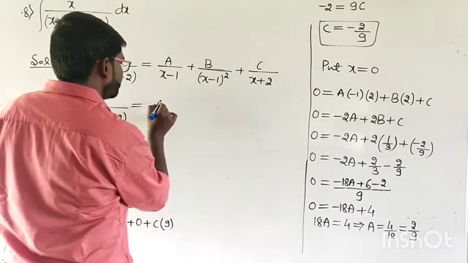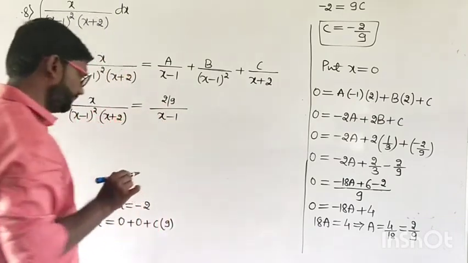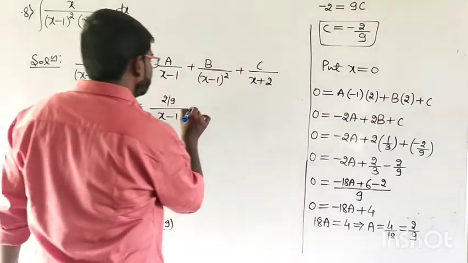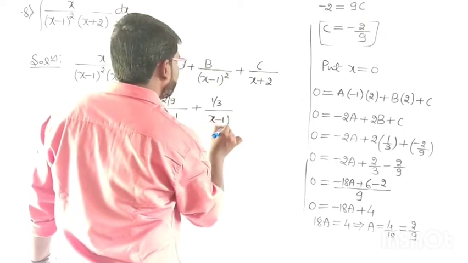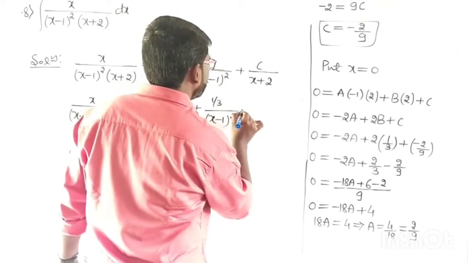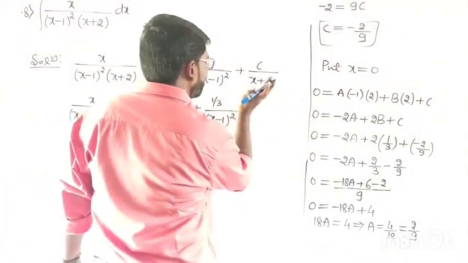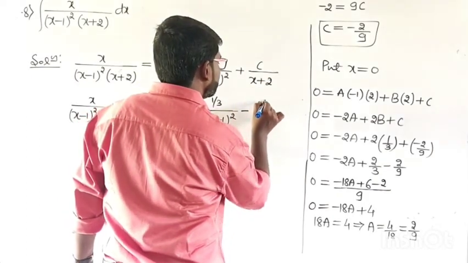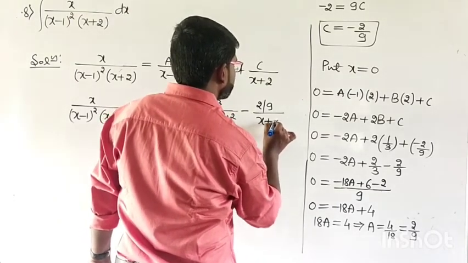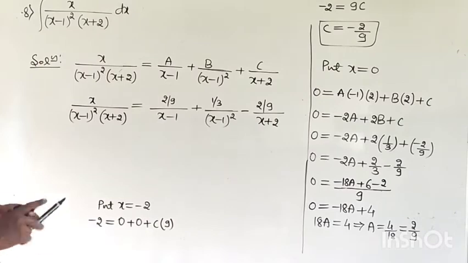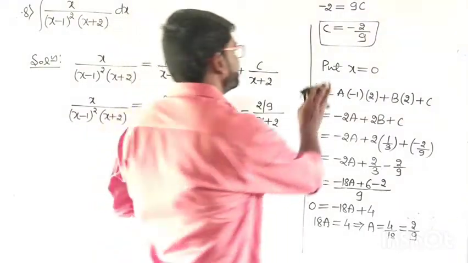It is 2 by 9, 2 by 9 divided by (x minus 1), then b, the b value is 1 by 3, plus 1 by 3 and (x minus 1) the whole square, then plus, what is the value of c? It is minus 2 by 9, plus into minus it is minus 2 divided by 9, then whole divided by (x plus 2). So now both the sides we have to integrate with respect to x.